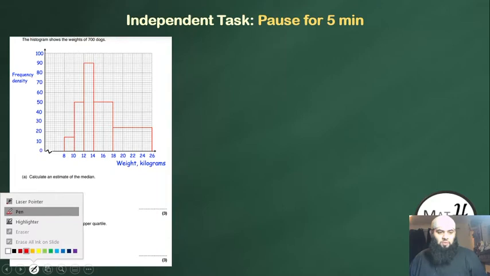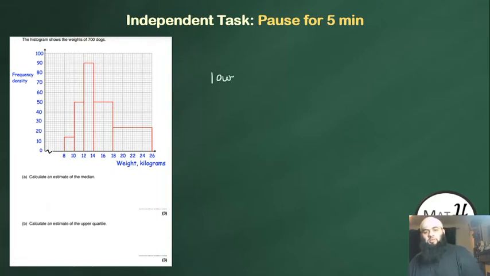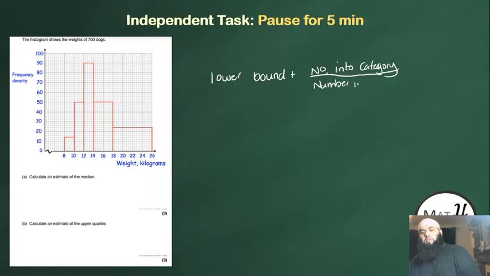If I remember it correctly, it is lower bound plus number into category divided by number in category, times the class width.